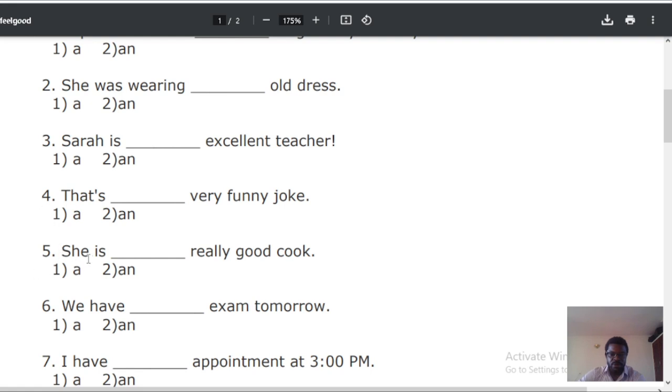Number 5, she is a really good cook, because R is a consonant. Number 6, we have an exam tomorrow, because E is what? A vowel.